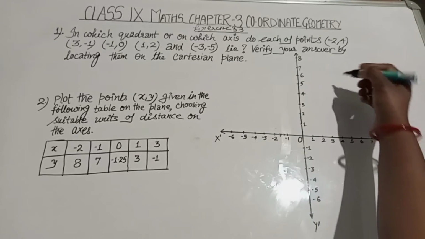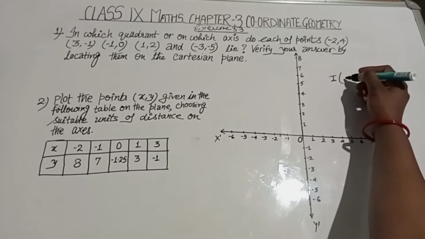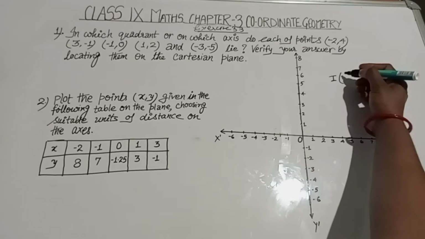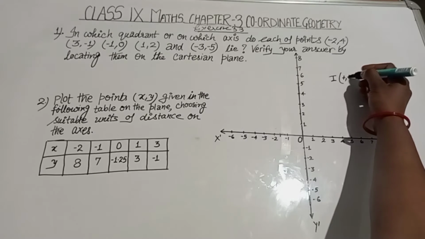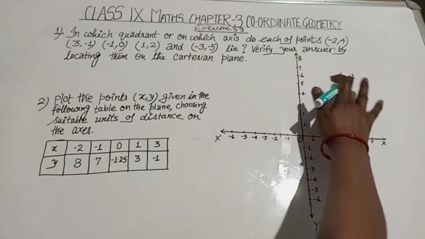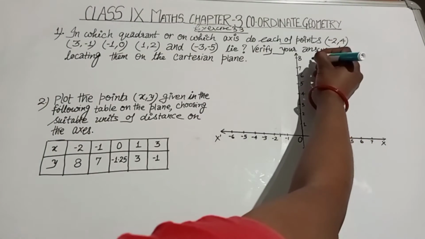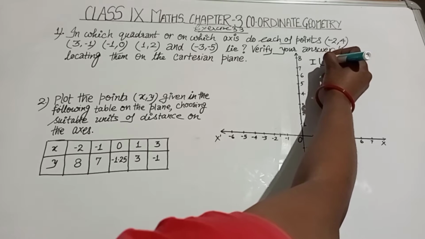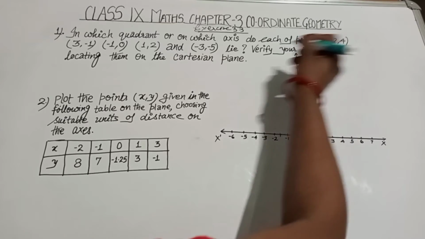So start from here. This is the first quadrant, it means plus plus. I am writing here above: the first quadrant is plus and plus.